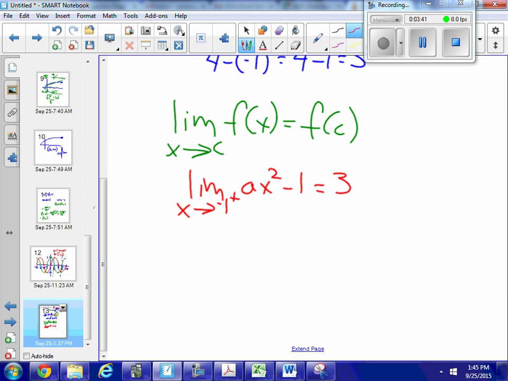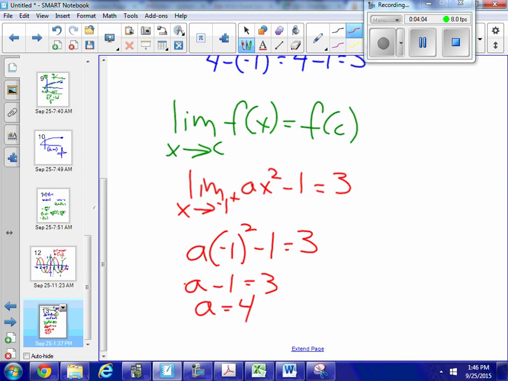All right, well, what is the limit of ax squared minus 1? As we're getting close to -1, it's going to be a times -1 squared minus 1 equals 3. So I have a minus 1 equals 3. A is going to equal 4.